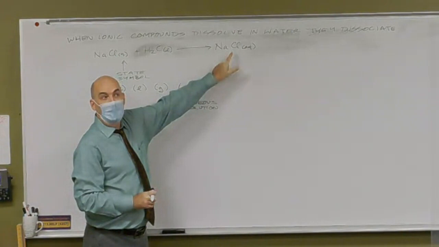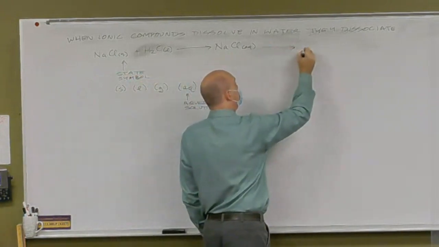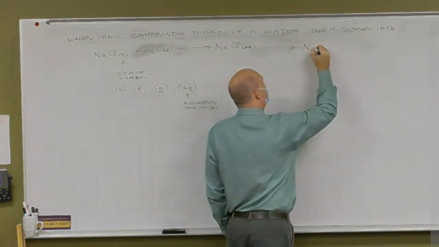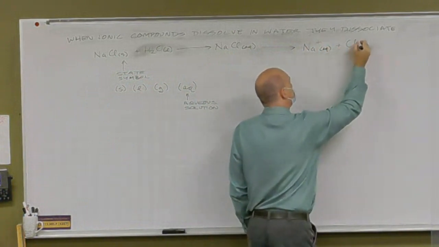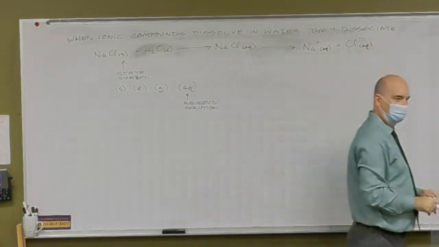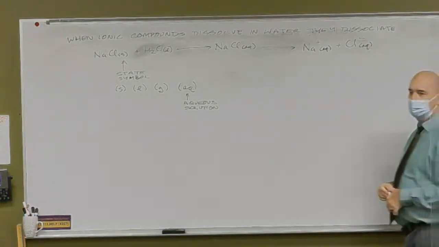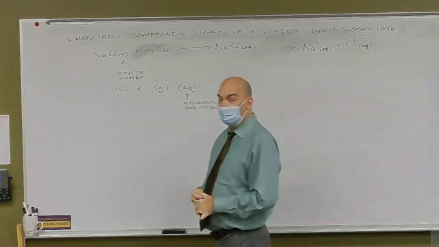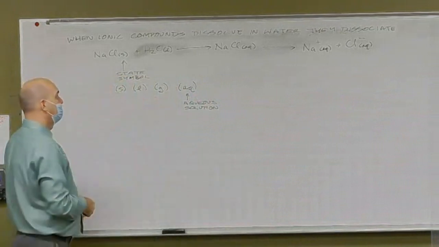Can't see it anymore. Well, sodium chloride in solution splits apart to make a cation and an anion, and they are solvated ions.